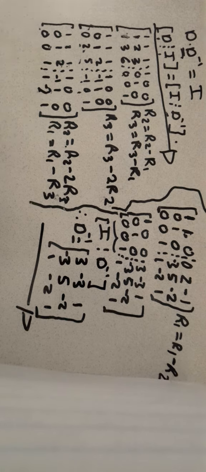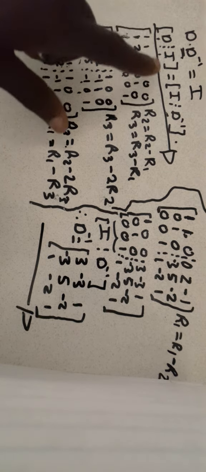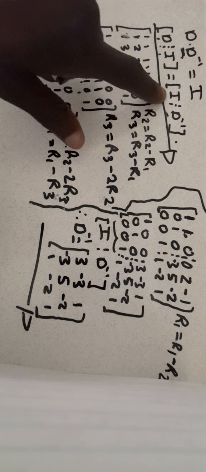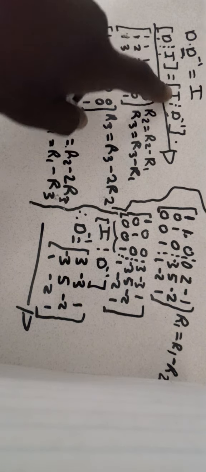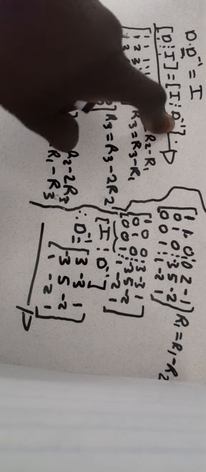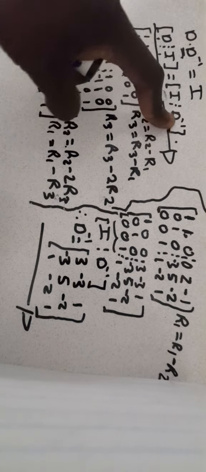That's the inverse of matrix D. You must write a joint matrix or an augmented matrix. Therefore, you convert D into an identity matrix, and that other matrix will be your inverse of D.